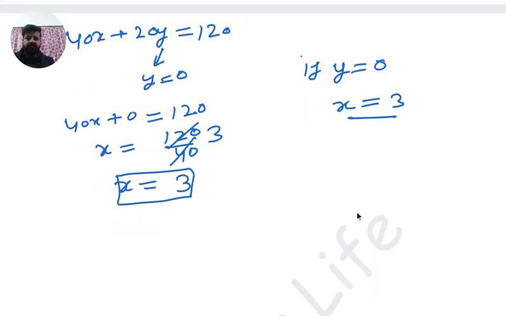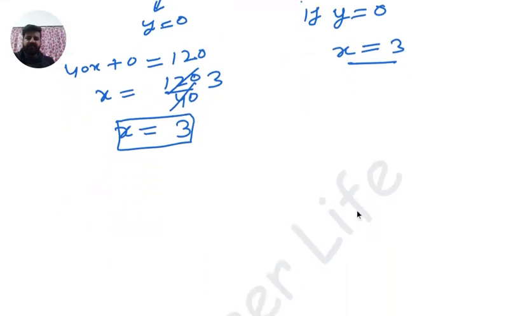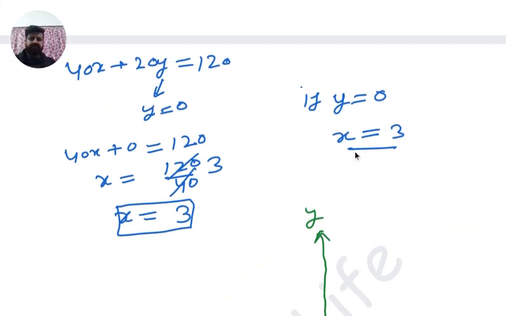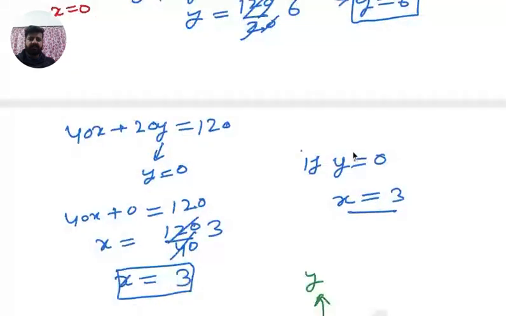And now you will see I can represent this in graphical form. Okay, now I draw a graph. Here I will represent the first quantity, and here I will represent the second quantity. So as you can see, for x equals 0, y was 6.